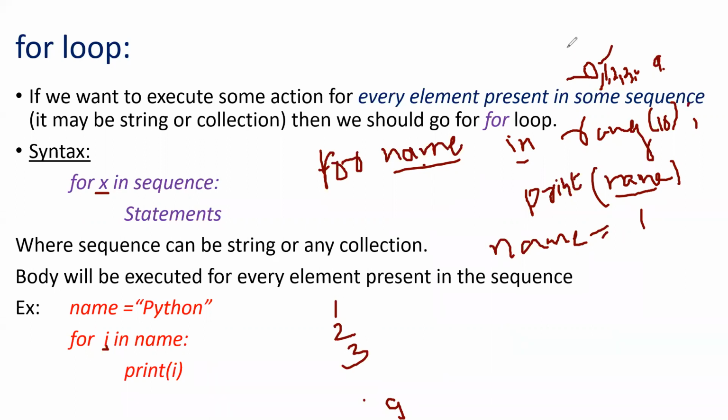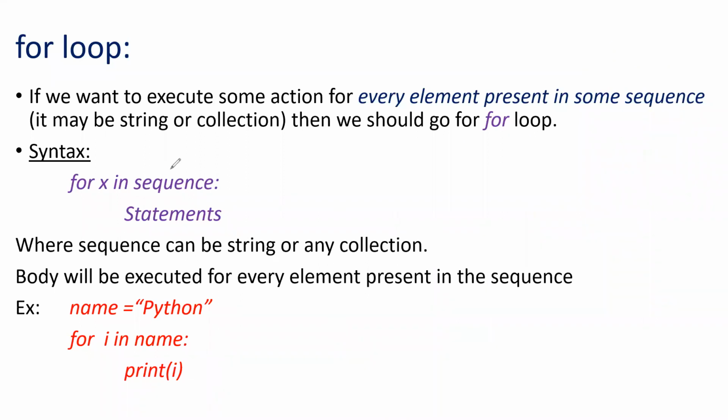Okay, once again, repeating. Whatever the sequence given, whether it is a range, string or collection, the iterative variable is assigned each value present in it, and it performs some operations or statements.